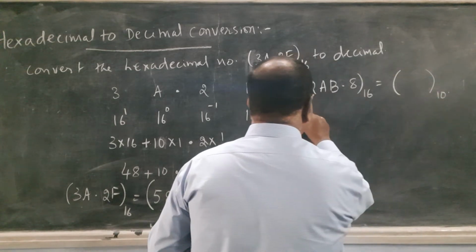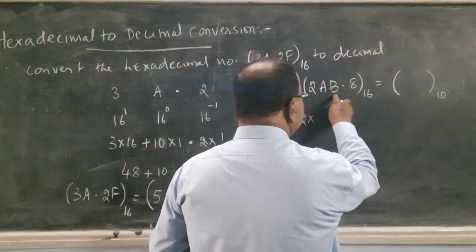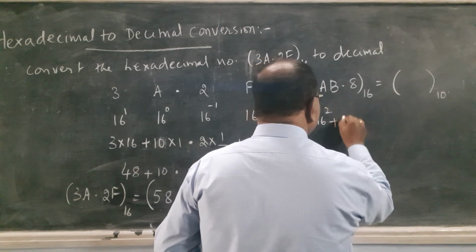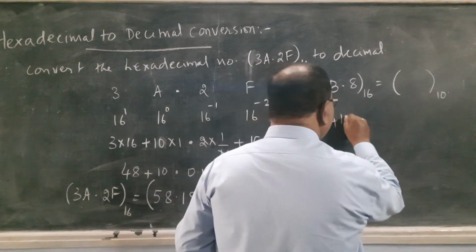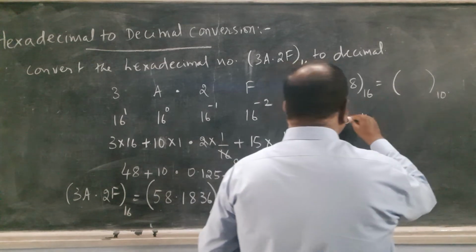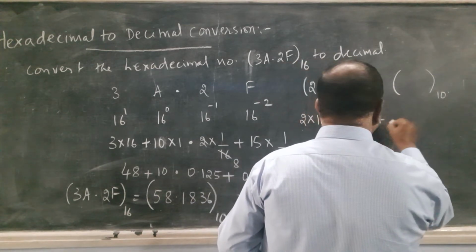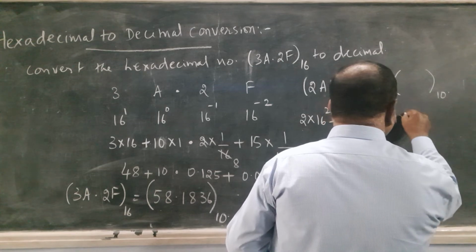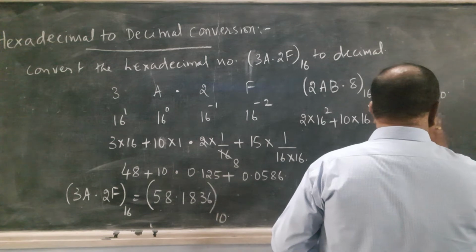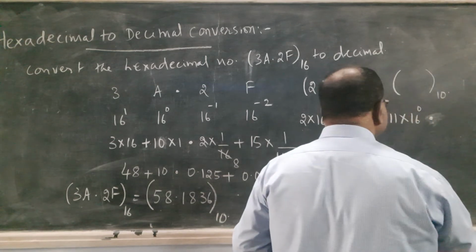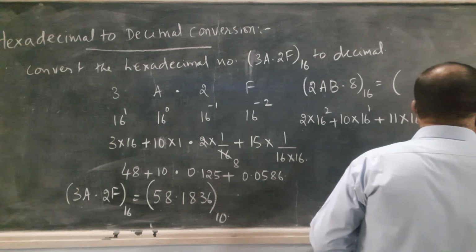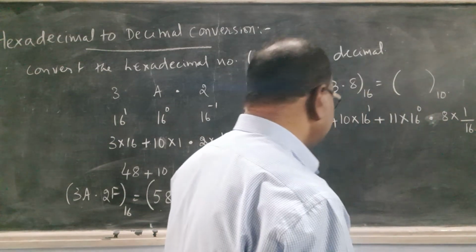Here, 2 into 16 square plus A, which is 10, into 16 to the power 1 plus B, which is 11, into 16 to the power 0 plus, keeping the point as it is, 8 into 1 by 16, that is 16 to the power minus 1, right?